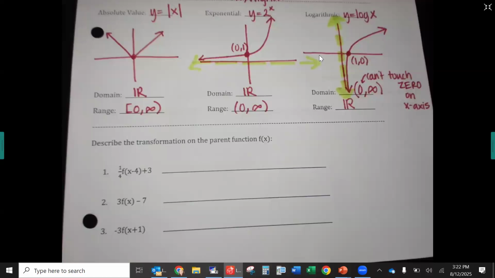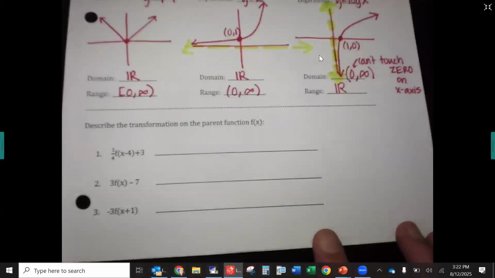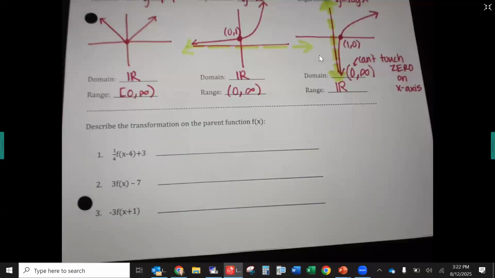The number in the front if it's on a negative. Good job.